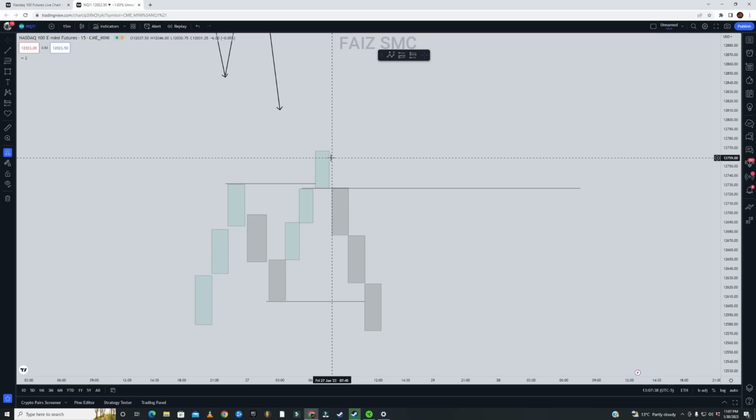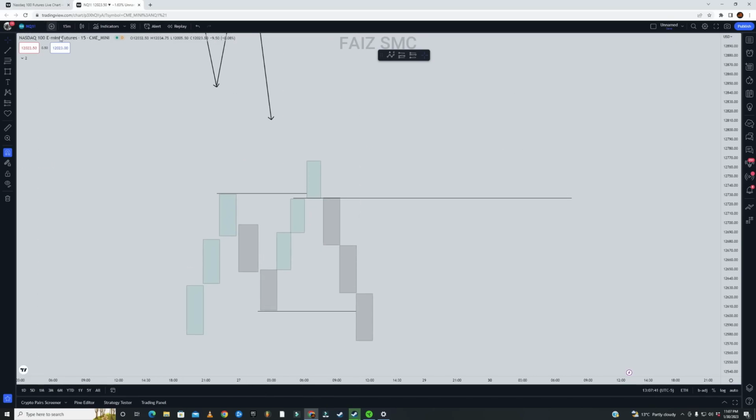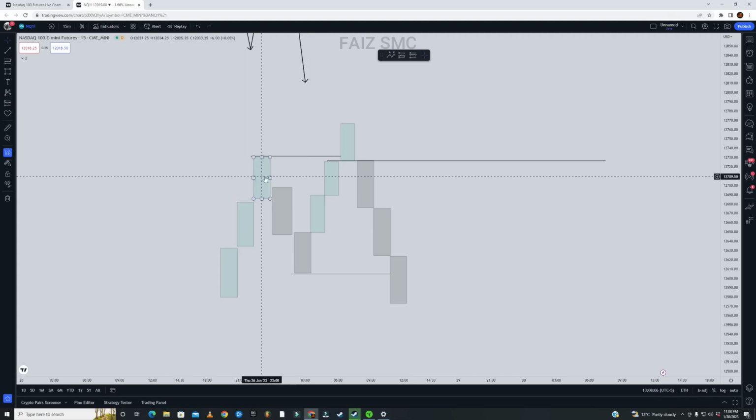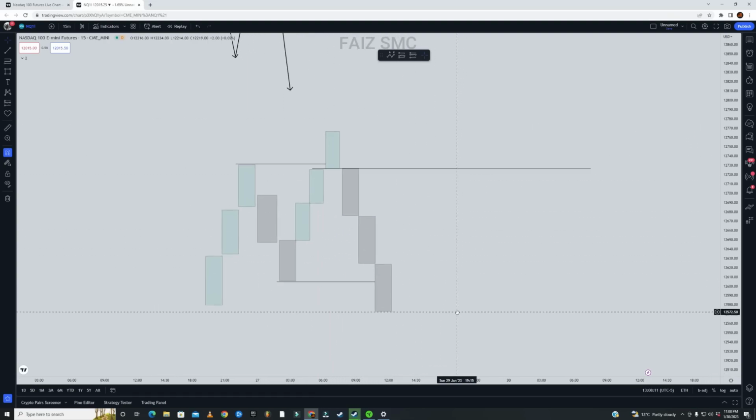And to refine it even further, you can drop down to a lower time frame, and when you see a fair value gap on the lower time frame, you use the first candle of the fair value gap. You look at the very first or extreme fair value gap, and then you mark out the very first candle of the fair value gap, right? And that could be your order block. But remember this rule: it has to sweep out some sort of liquidity and then you get a market structure shift.